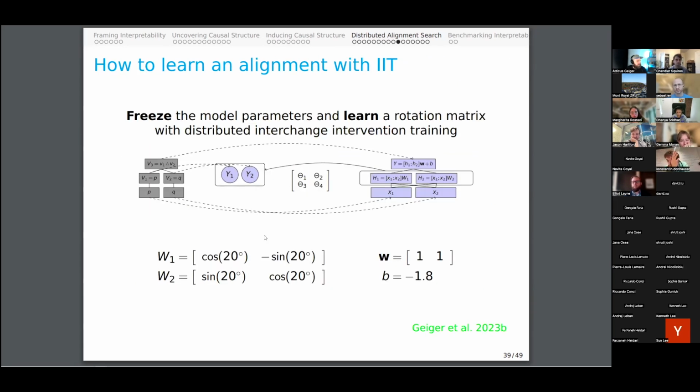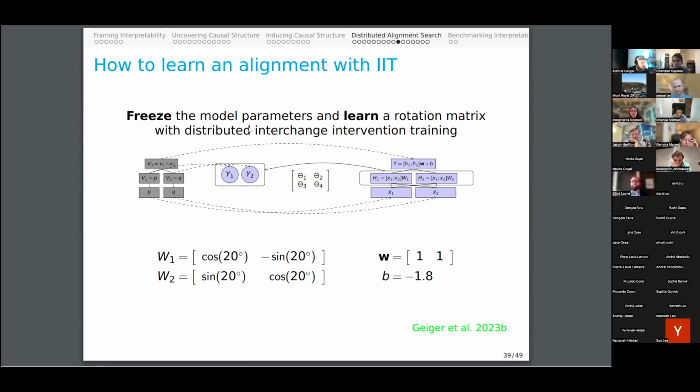So this is a cool generalization of the tools, but the really exciting thing that makes the hypothesis search way more tractable is that you can just learn this rotation matrix using gradient descent. If you treat the rotation matrix as the parameters you want to learn, you freeze the underlying network and use your high-level hypothesis as a source of supervision.